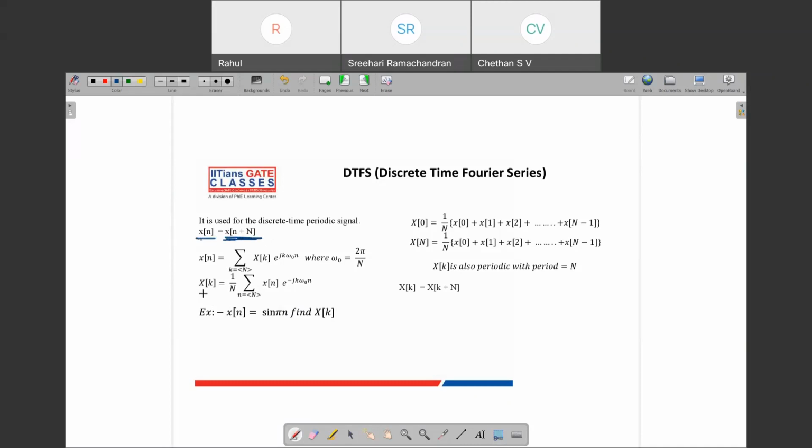So the Fourier series is given as X of k equal to 1 by N, summation over n of x of n e to the power minus j k omega naught n, where omega naught is equal to 2 pi by capital N, where capital N is the time period.